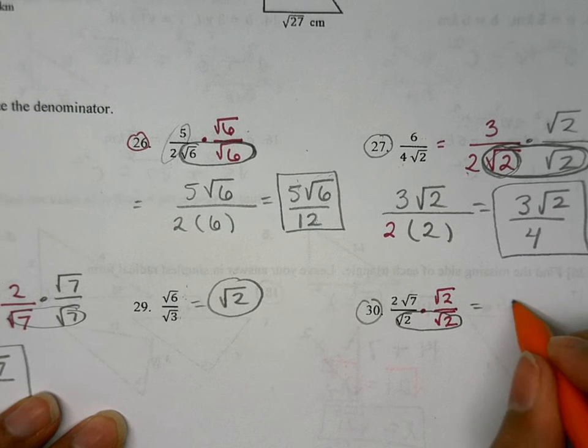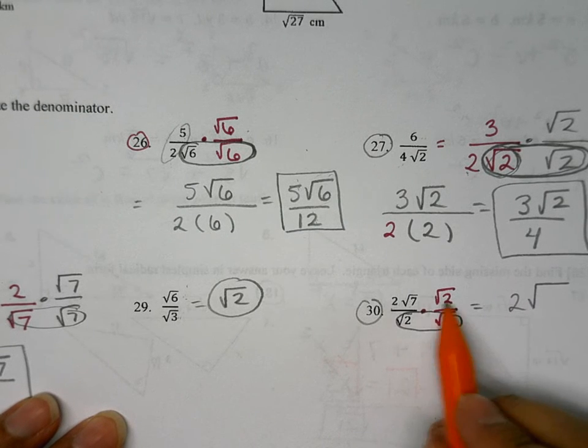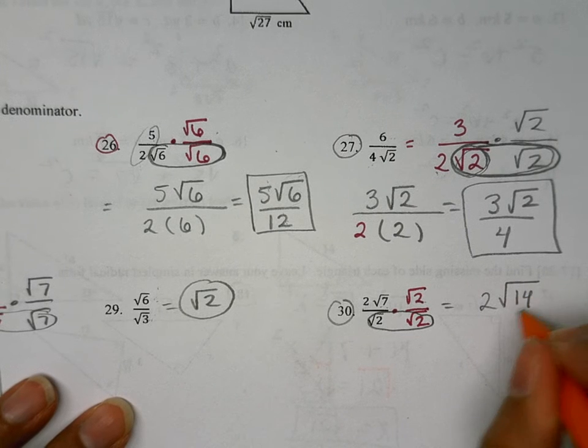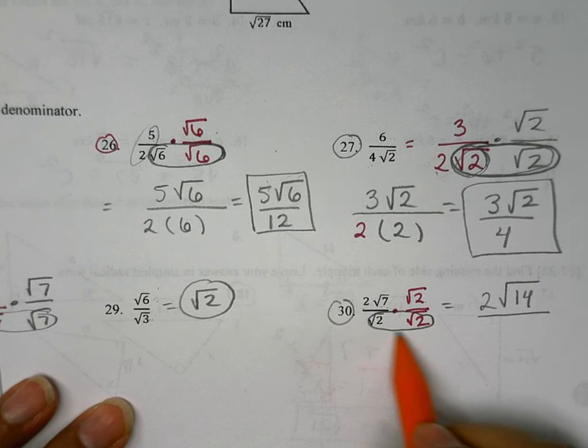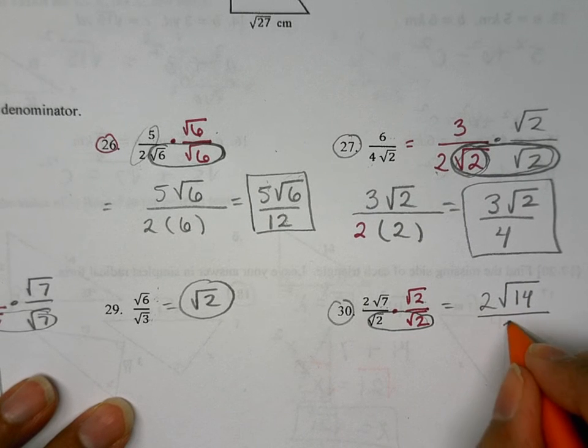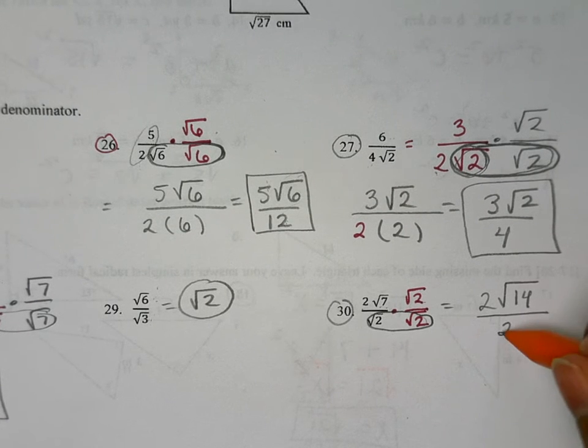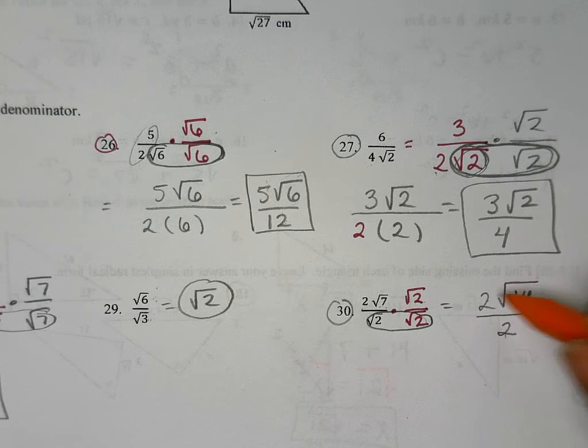Because we want the denominators to have a pair. Okay, 2 stays 2. These two are both in radicals, so what do I get? Root 14 over what? 2. Root 2 times root 2 is 2. Can I reduce the 2 with the 14 or the 2 with the 2?